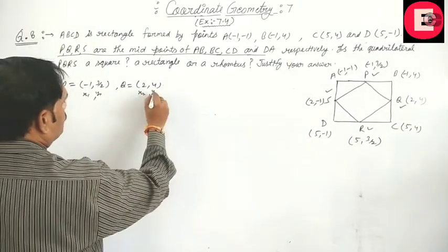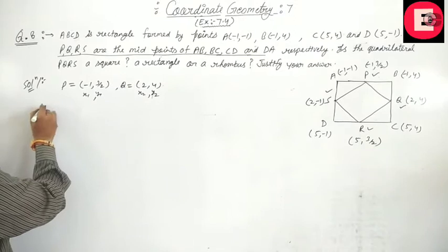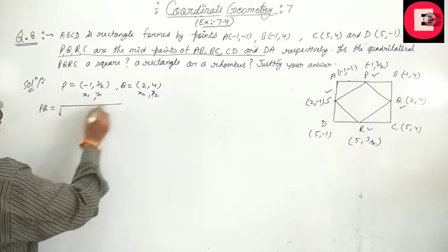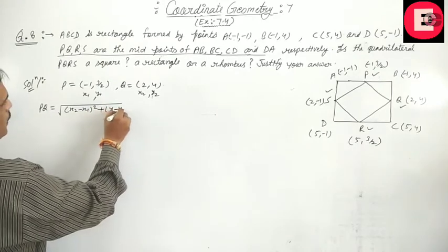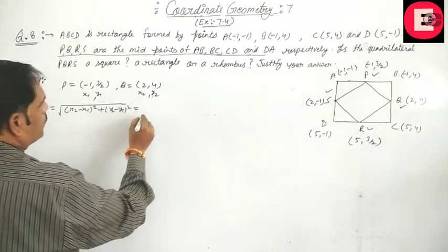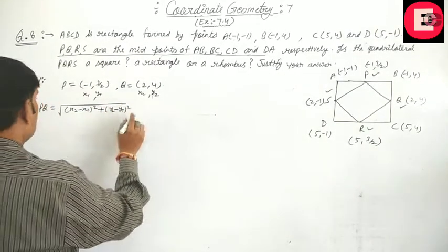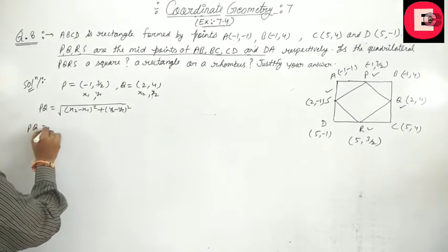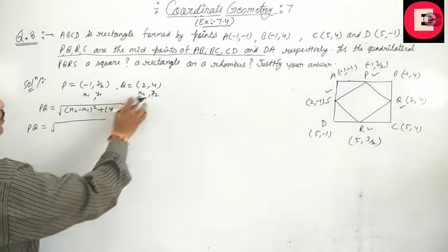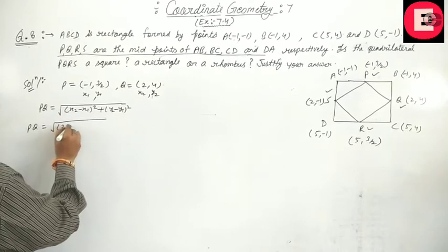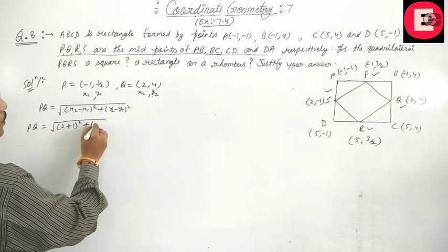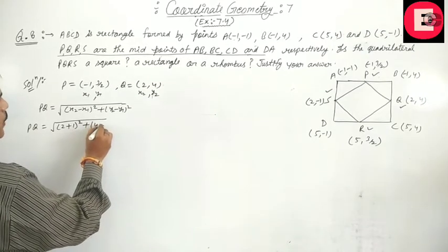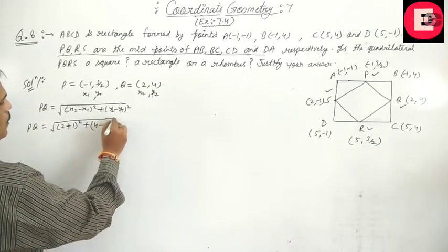using the distance formula, PQ is equal to the square root of (x2 minus x1) squared plus (y2 minus y1) squared. Putting the values here, PQ is equal to the square root of (2 minus (-1)) squared plus (4 minus 3/2) squared.